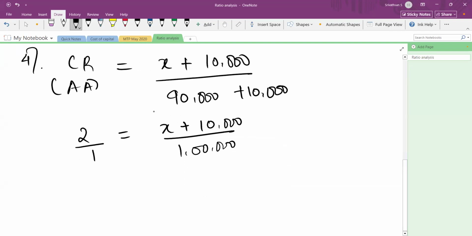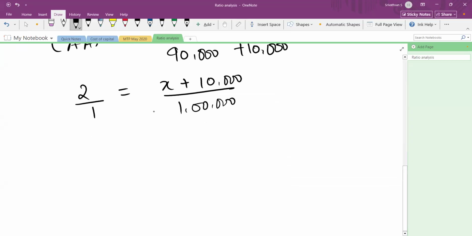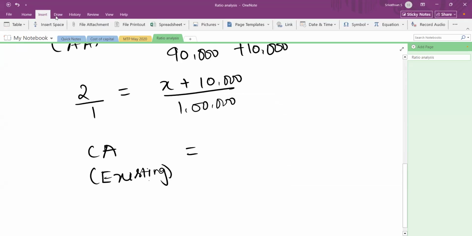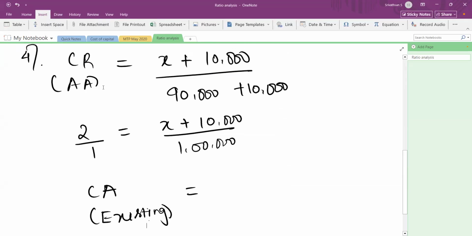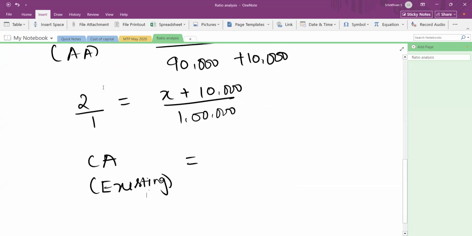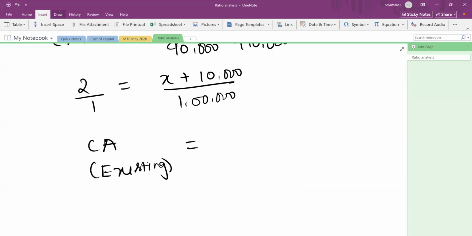So now what is the value of X, which is nothing but the existing current asset? Current asset existing is how much? 1,90,000 is the existing current asset. Correct.